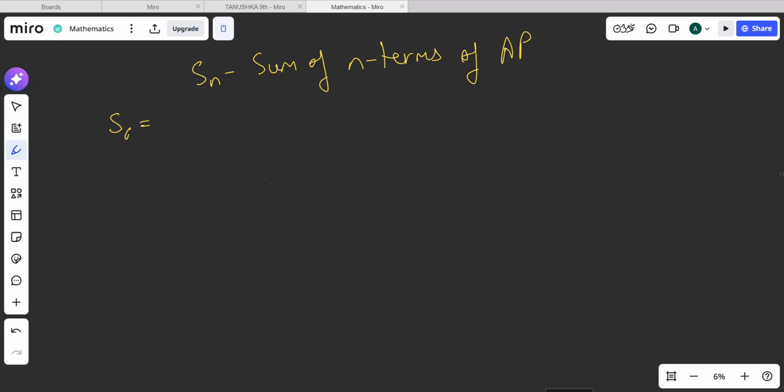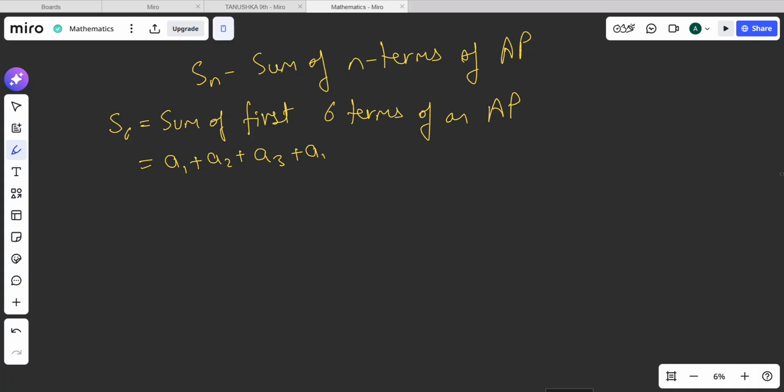Taking a smaller number so that I don't have to write much, S6 is the sum of first 6 terms of an AP, which will be A1 plus A2 plus A3 plus A4 plus A5 plus A6.